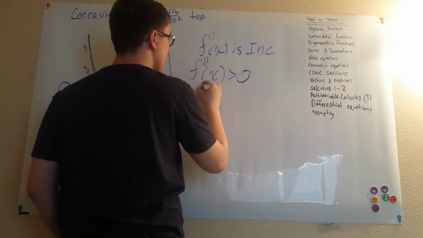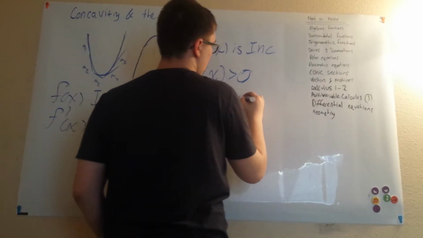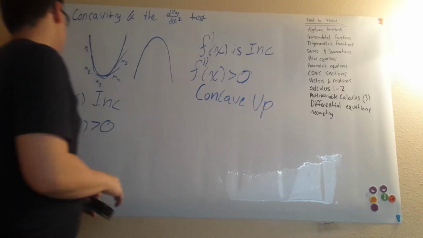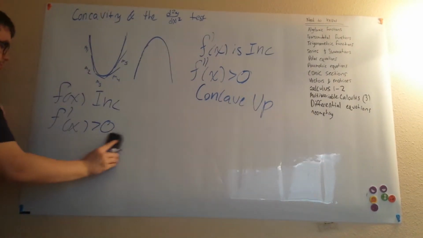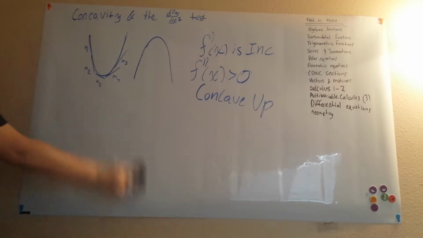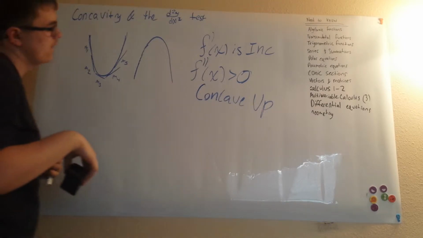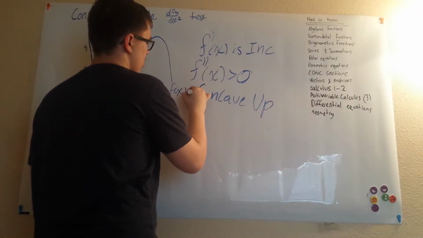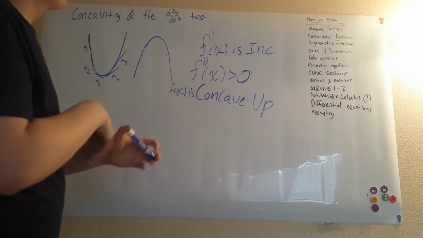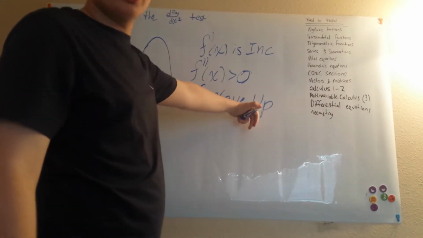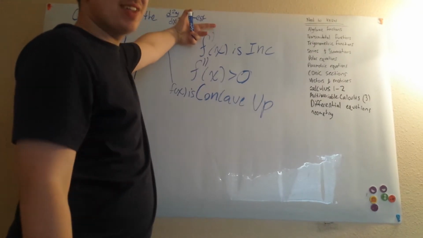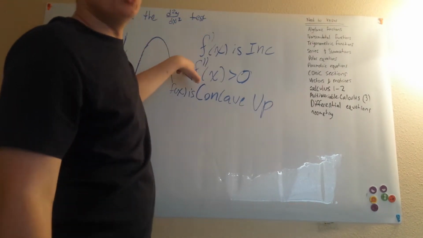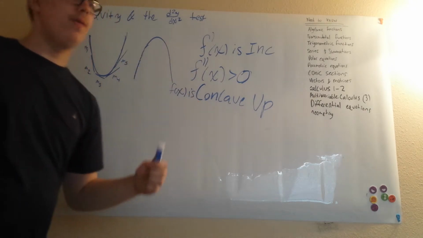This is also known as concave up, and it looks like that. So if f of x is concave up, then f prime of x is increasing, which means f double prime of x is greater than 0.